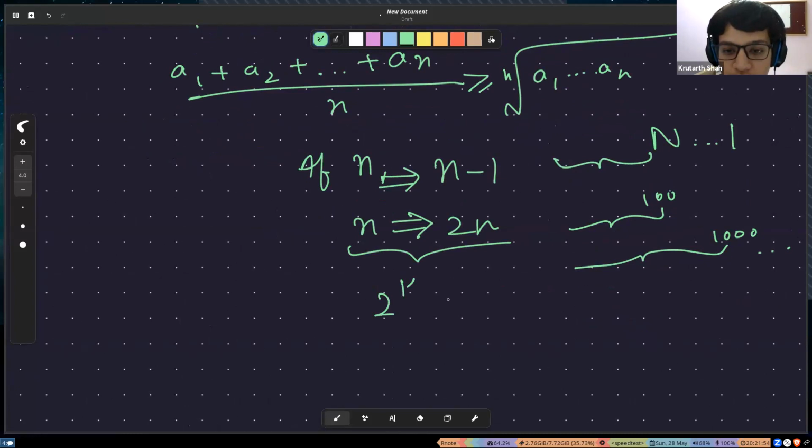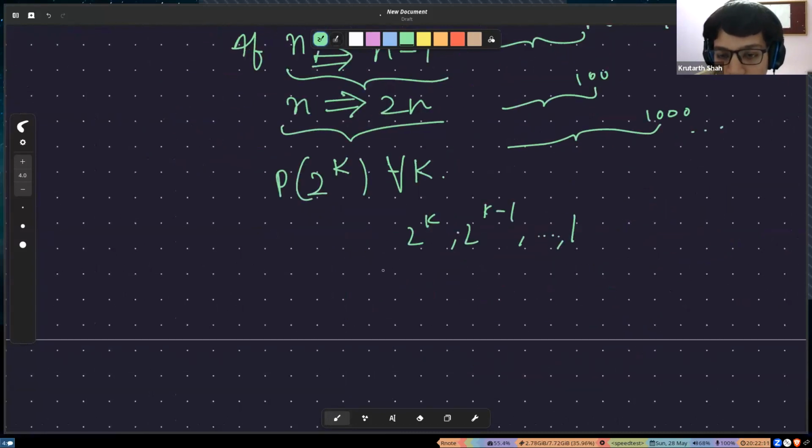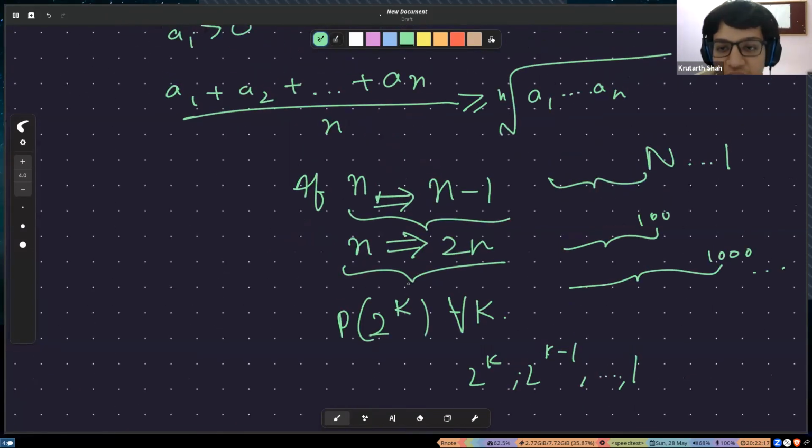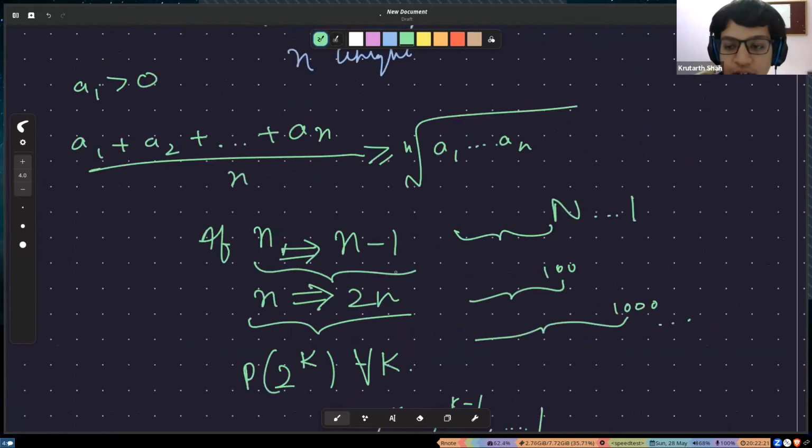Using that, you can show that 2 to the power of k is true for all k, and since you can go back, through 2 to the power of k minus 1, and so on till 1, you can show it's true for every single number. There are weird types of induction you can do too, but strong induction and normal induction are the most common ones.